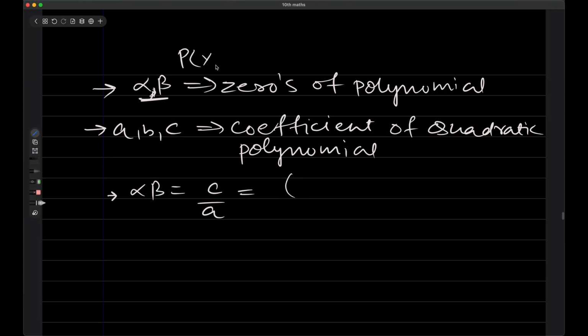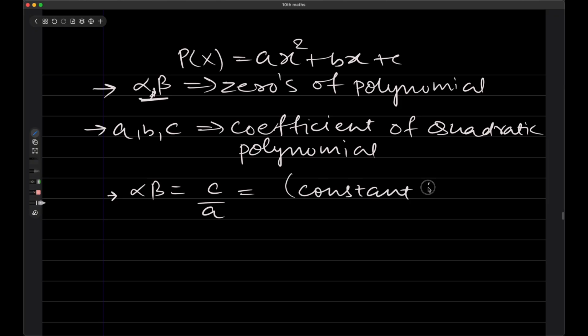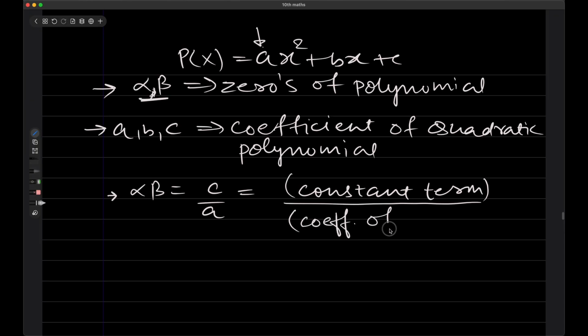If I write the polynomial as ax square plus bx plus c, c is the constant term, and a is the coefficient of the term x square.